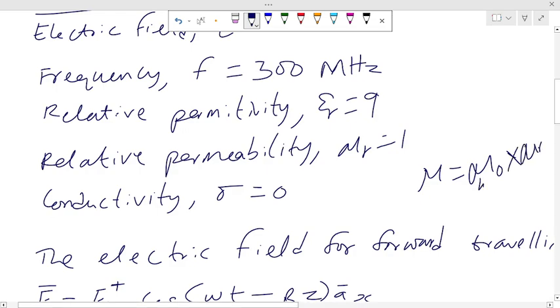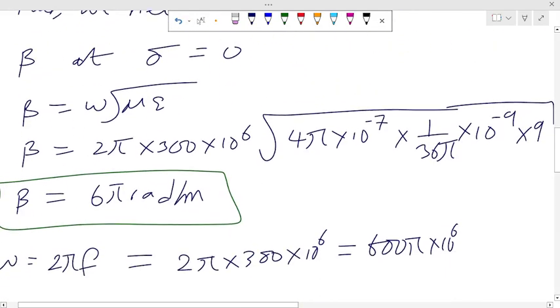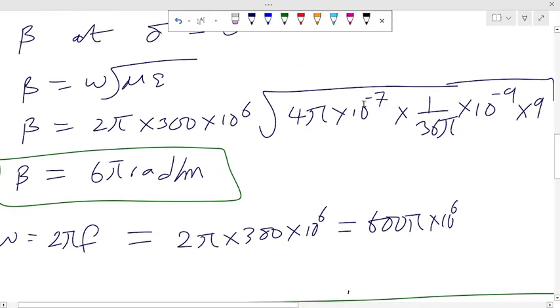The one for free space is this, so this times 1 remains the same. Then for permittivity, this is the value of free space, and the relative one we are given in the equation is 9. So when you multiply all this times all this, you will get exactly this answer.